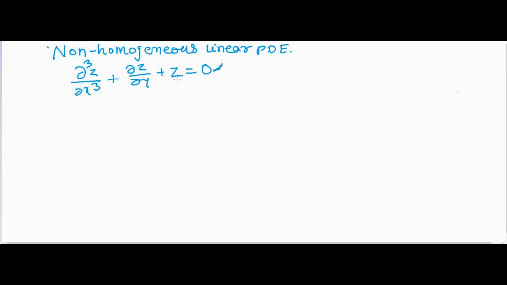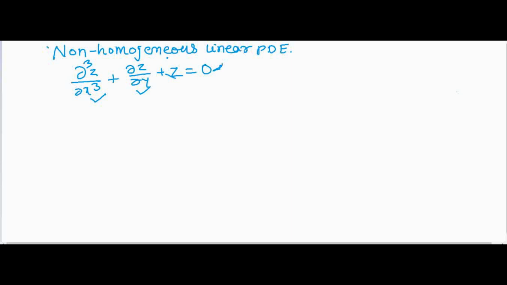The order of the derivative in the first term is 3, in the second term it is 1, and in the last it is 0. So the orders of the differential coefficients are different, and this type of equation is called a non-homogeneous equation.